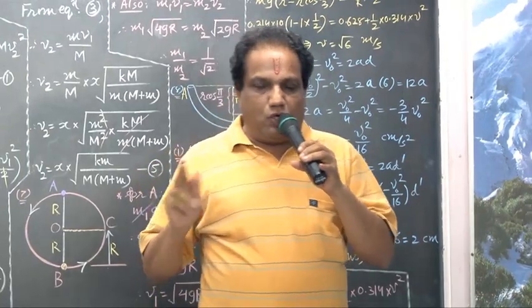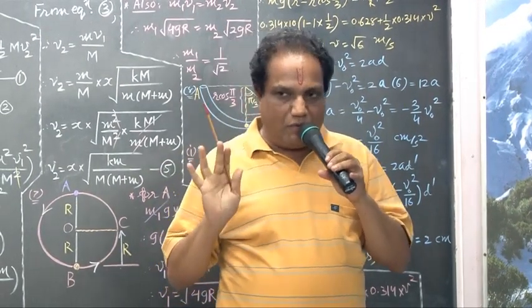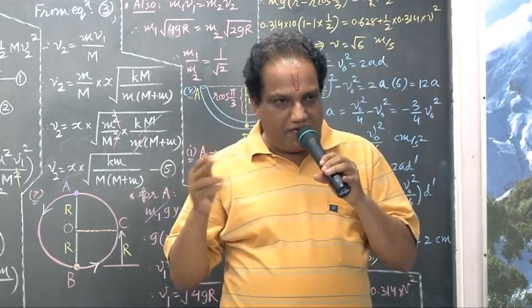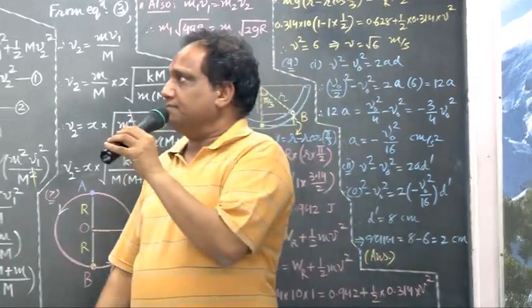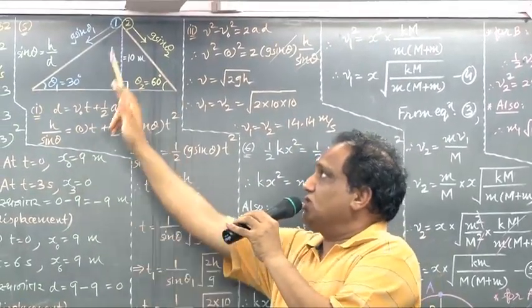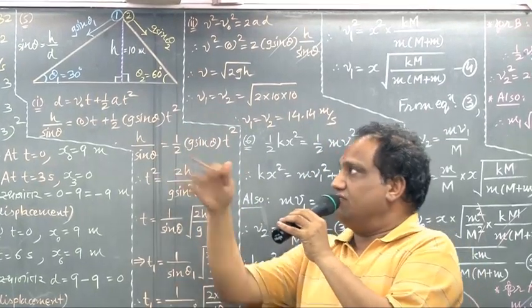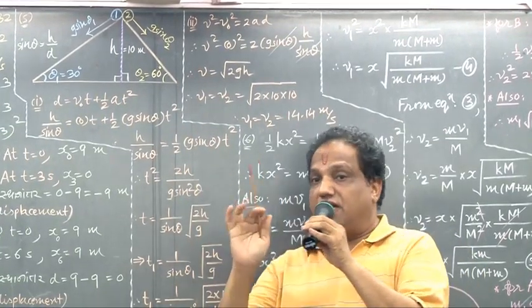Let us derive two general formulas and then we will use them for two different bodies. No need to derive again and again. Look, we have one specific slope which has two sloping surfaces and both of them are very smooth, that is, we are supposed to consider them as frictionless.